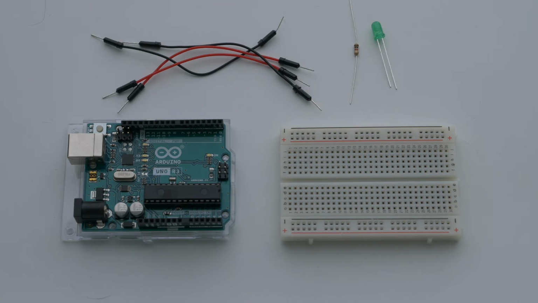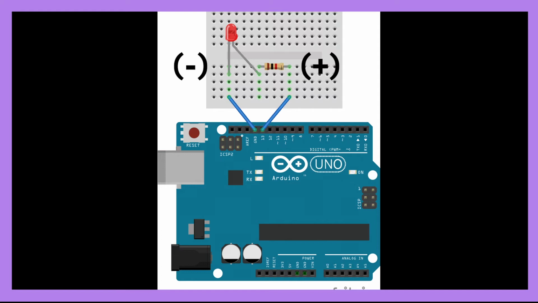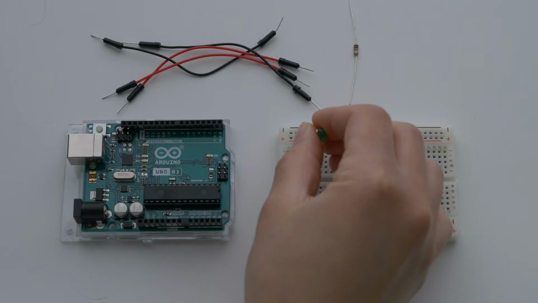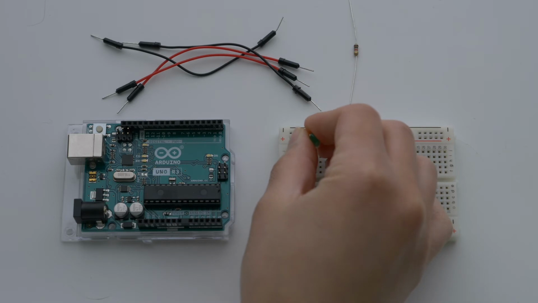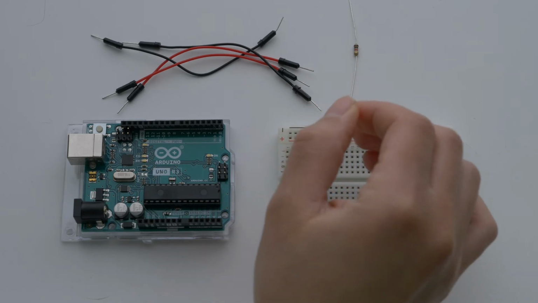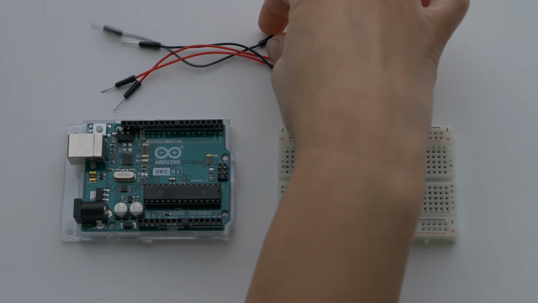So you notice this is the long side, so that's the anode side, the power side, and the short side here is the cathode side, the ground side. So let's plug it in. We're going to plug the long power side into, let's start here at 5, and 6 is the ground.